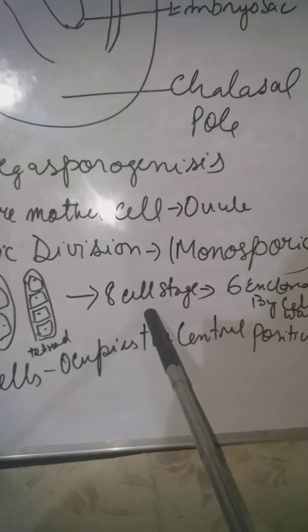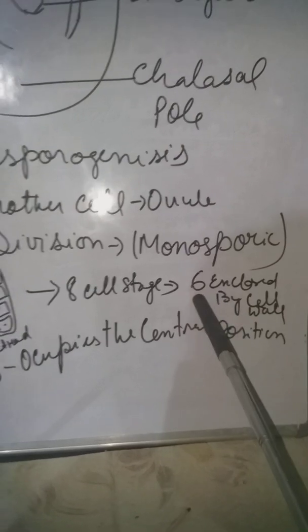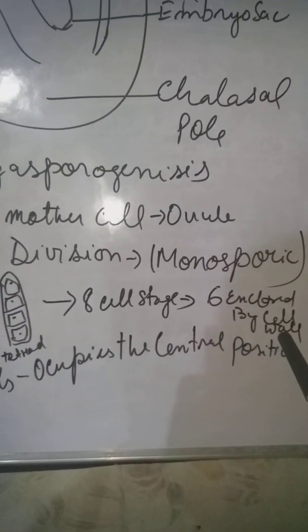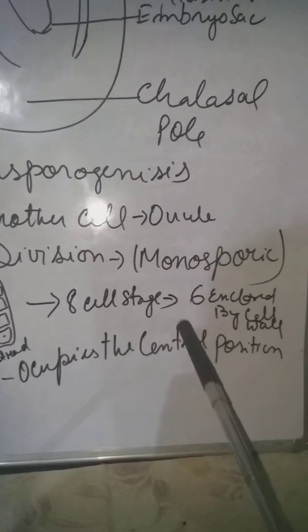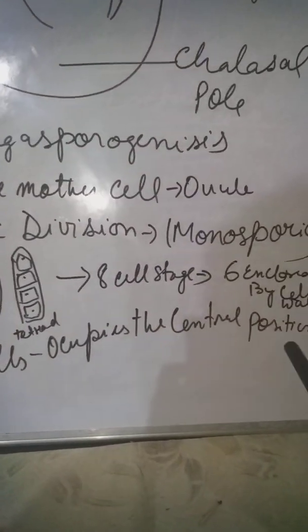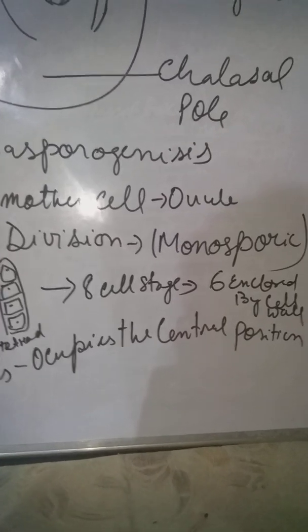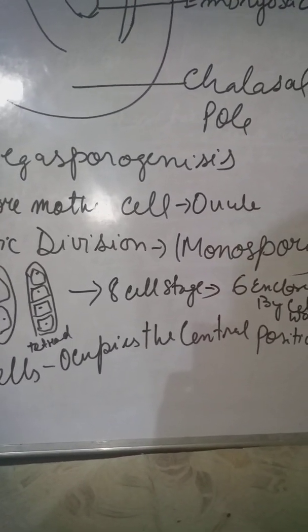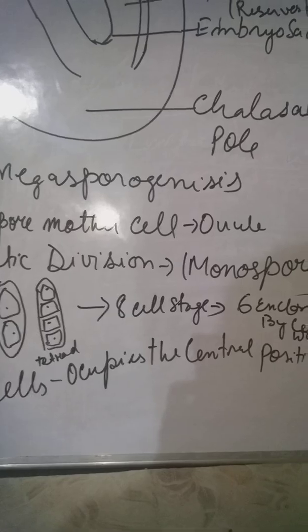In that 8-cell stage you should remember one thing: 6 cells are enclosed by the cell wall, and 2 cells occupy the central position, and those are known as the polar cells.